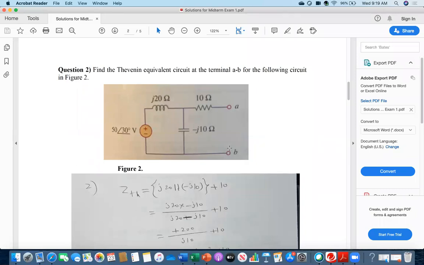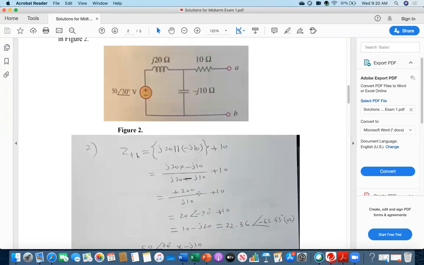To find Z Thevenin, looking from terminals A and B, what are you looking at? You are looking at the 10 ohm, and then this point. Because this is a voltage source, you have to make it short. Once you make it short, your j20 and minus j10 will be in parallel, and that parallel combination will be in series with the 10 ohm.